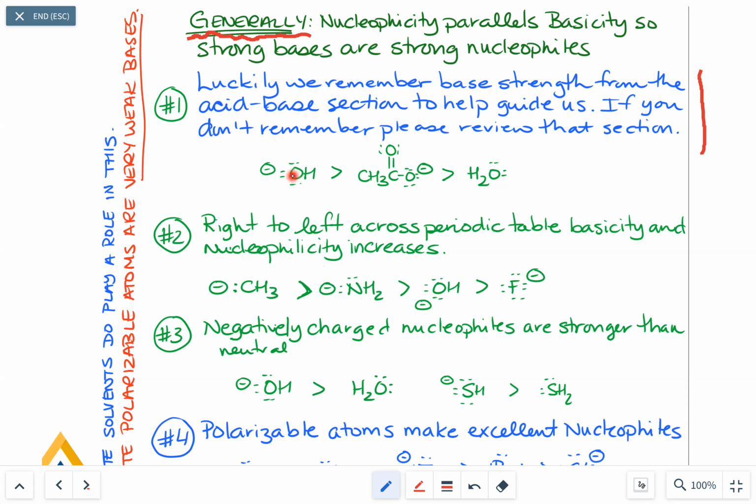This oxygen isn't stabilized at all, except for through electronegativity, but so is this. So this is stabilized by resonance. This one isn't. So this negative charge is going to be more reactive than this negative charge, right? Okay, good. Now, why would hydroxide be a stronger base than just plain water?